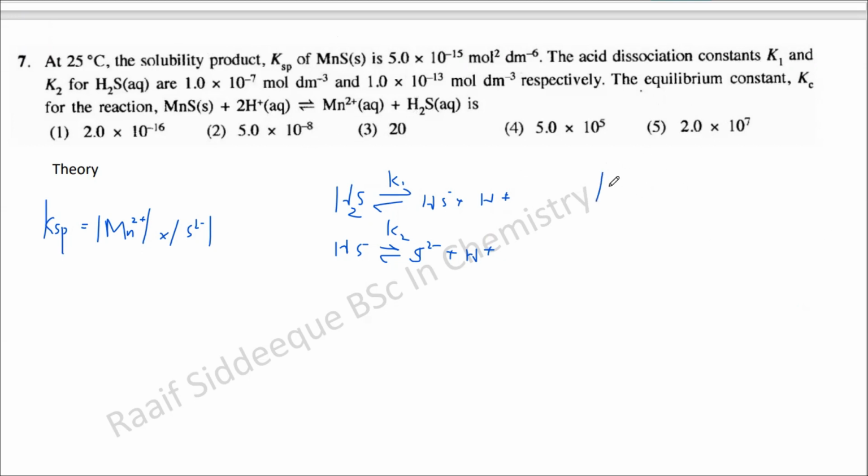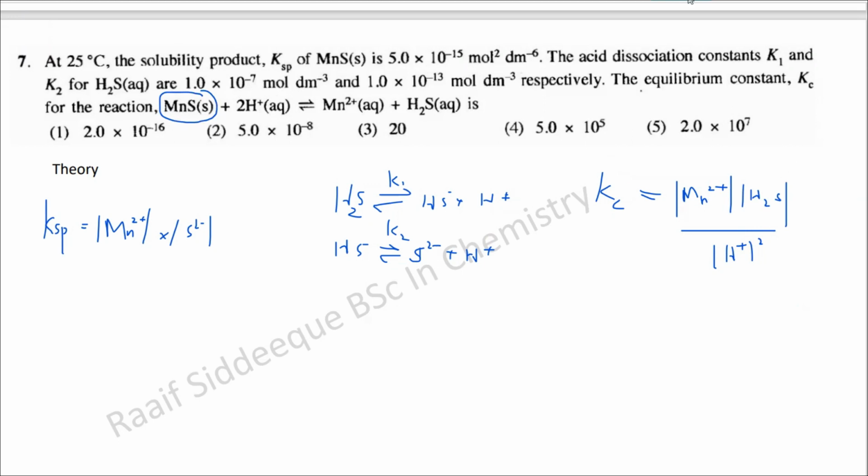If we consider the Kc of this equilibrium reaction, this is the concentration of Mn2+, which is on the product side, and the concentration of H2S, over H+ squared. MnS is a solid, so you are not going to put that in the Kc expression. Don't forget MnS is a solid.